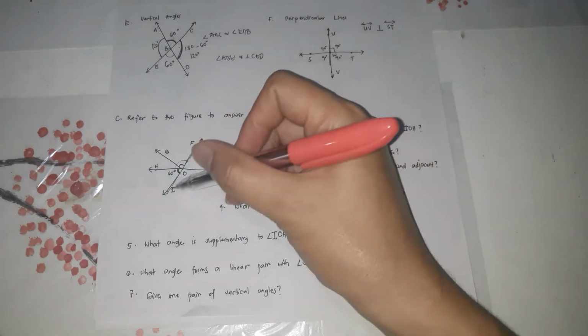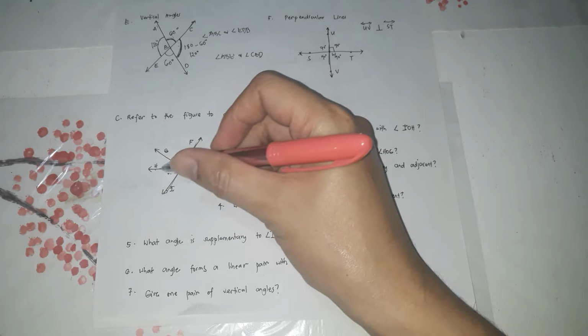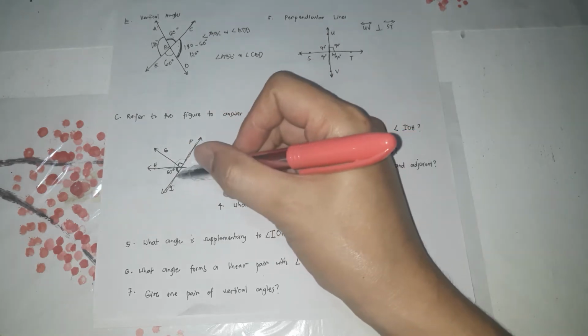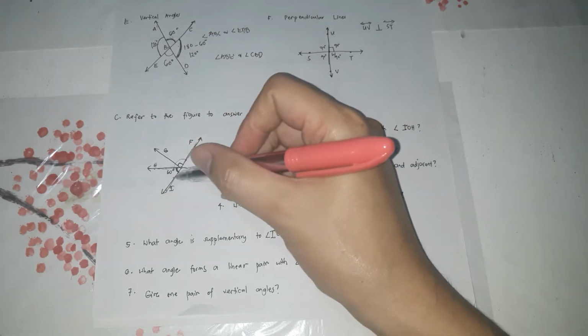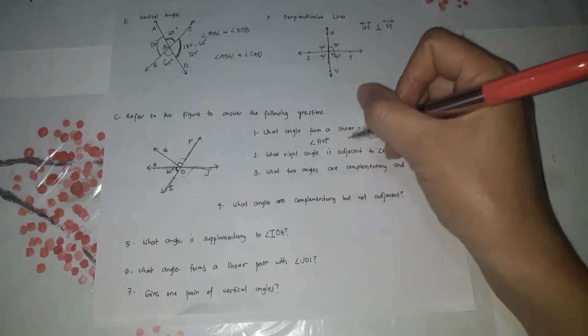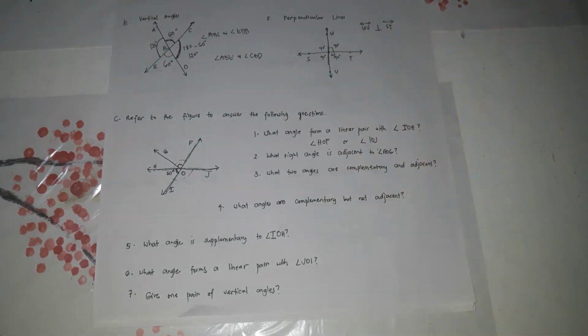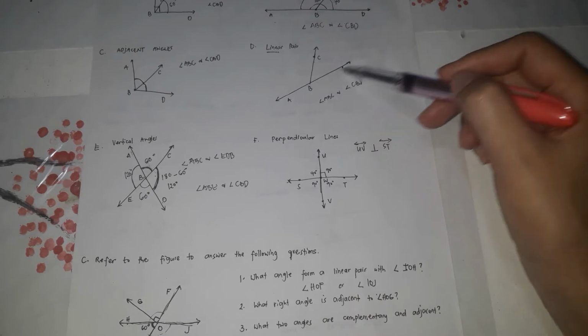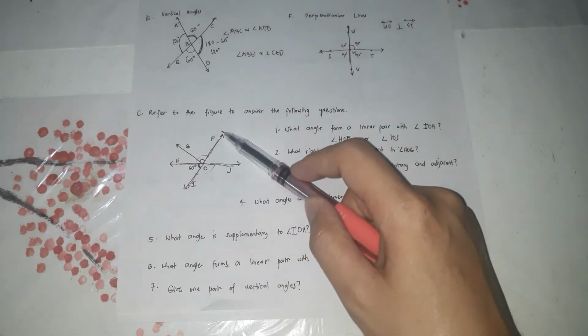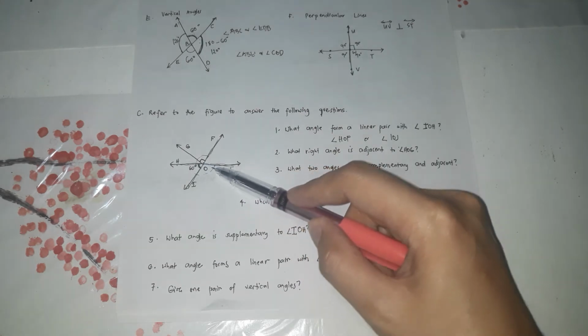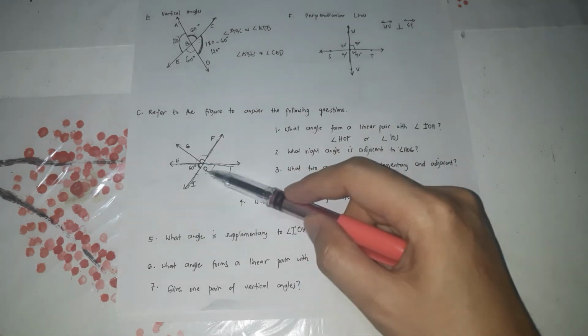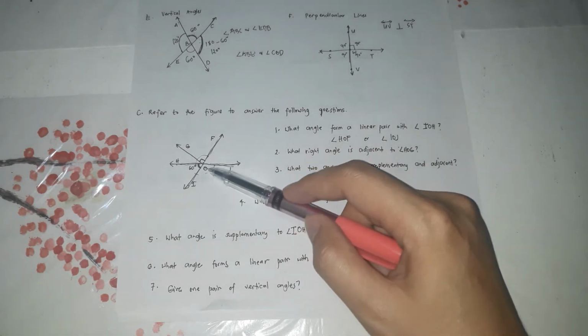Or because this is IOH, di ba? Pwede rin ito siya. This is the line. So pwede rin ang angle IOJ. Form a linear pair. So one side is forming a line. So IOJ and HOF.